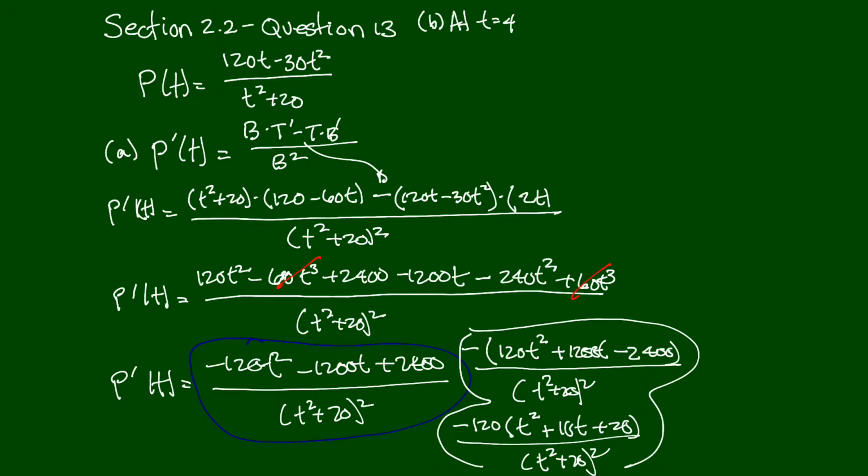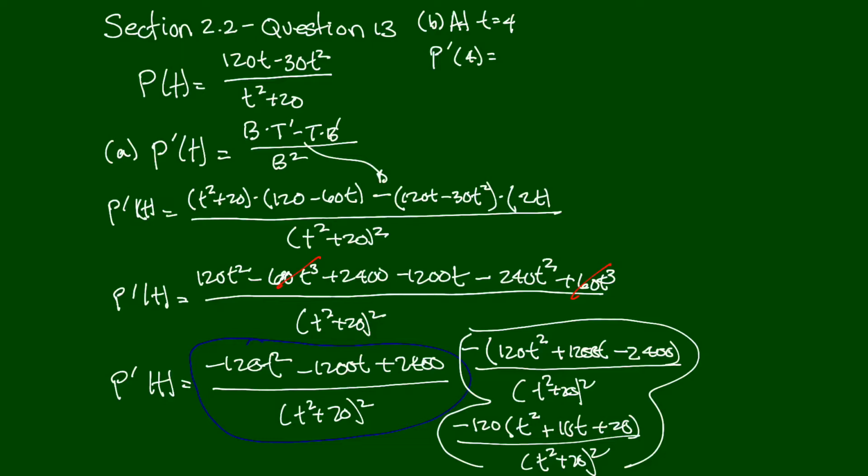Now in part B, what we want to do is find this marginal after 4 months. So if we're at month 4, if we go out one more month to month 5, how can we expect our profit to change? So what we're going to do, of course, is put that 4 into P prime. So P prime of 4, now I'm going to use this one down here. It just seems to be a little easier.